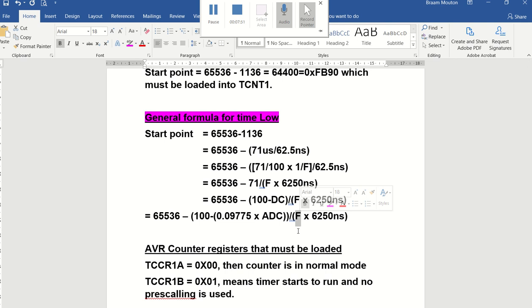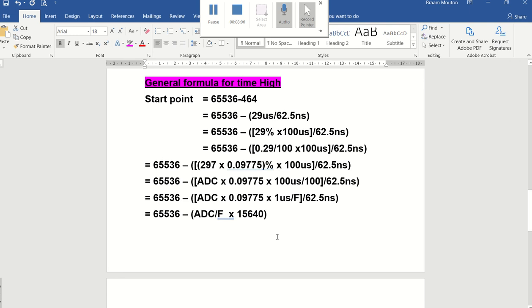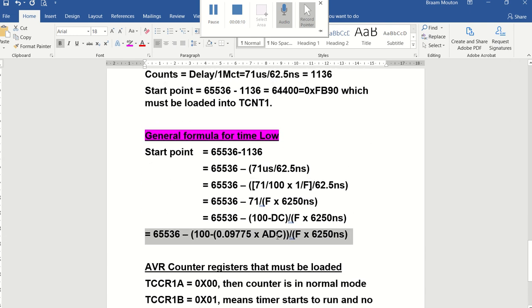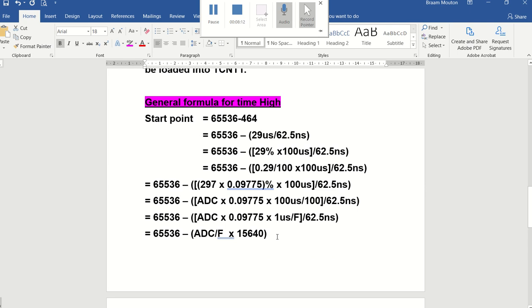And I'm going to show you in the next video how that will be implemented. So now all of a sudden I've got a slightly different formula like this one here, if the frequency needs to be changed or can be changed, and that is for the start time for low, and this one is for the start time of high, which is this formula that we see here.